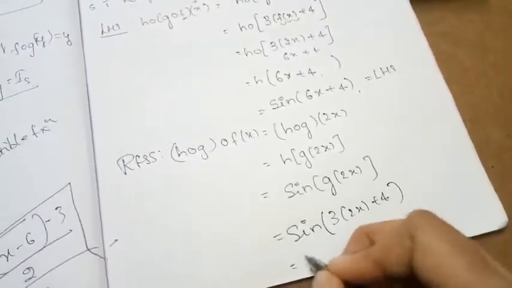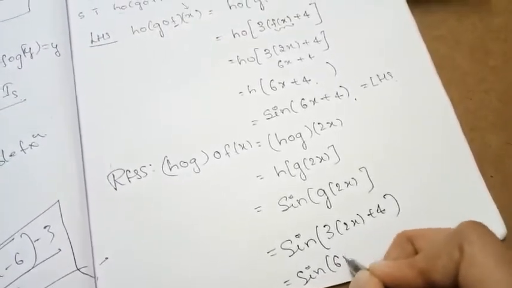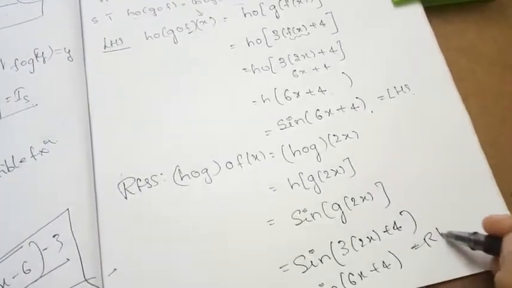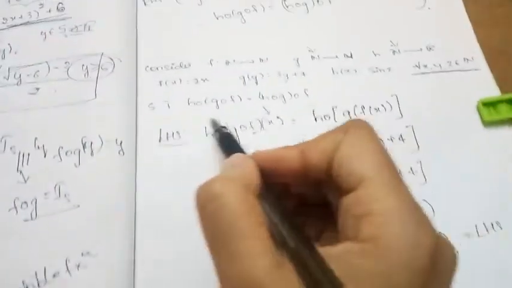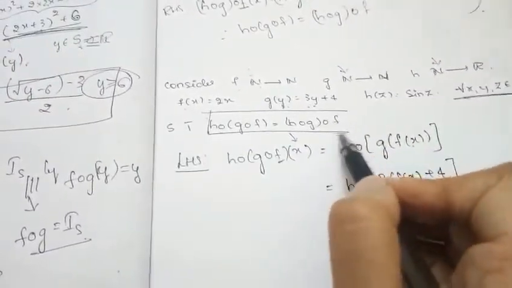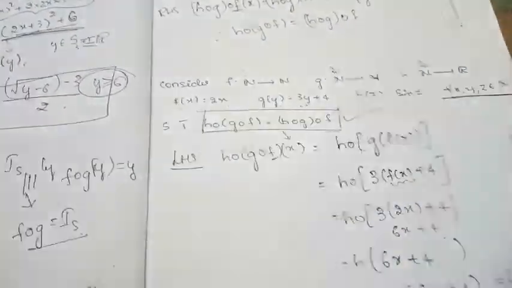It is nothing but sin(6x plus 4). So you can observe clearly that our LHS is equal to RHS. Therefore (h∘g)∘f is equal to h∘(g∘f). So we have proved this one.